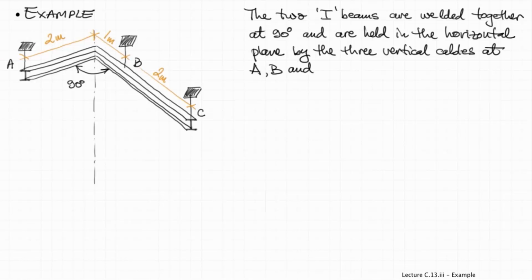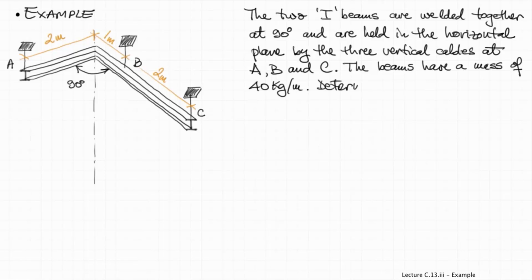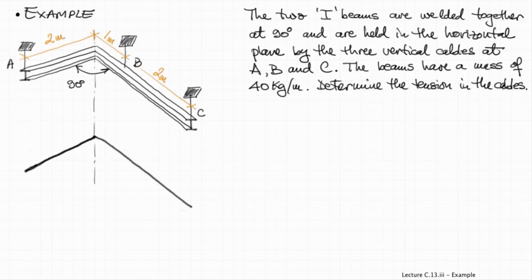Also given is the mass of the beams, which is equal to 40 kilograms per meter, meaning that each meter of beam has a mass of 40 kilograms. In other words, the beam on the left-hand side is 2 meters long, so its mass is 80 kilograms, and the other beam is 3 meters long, and its mass is 120 kilograms. The question asks you to determine the force in the cables.